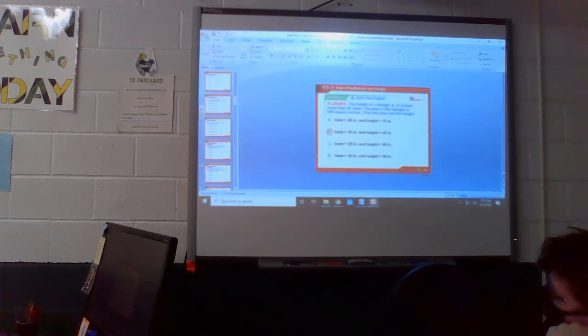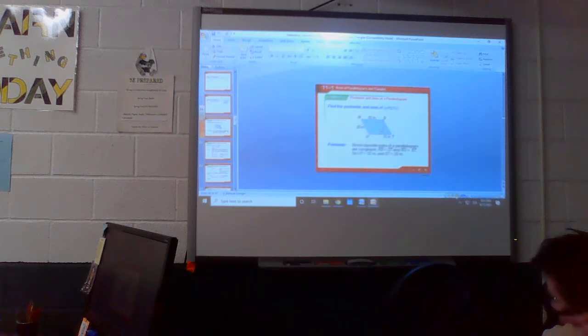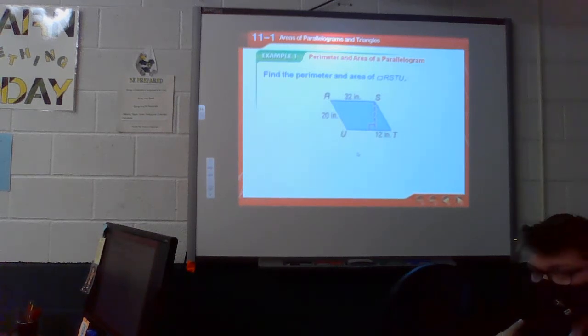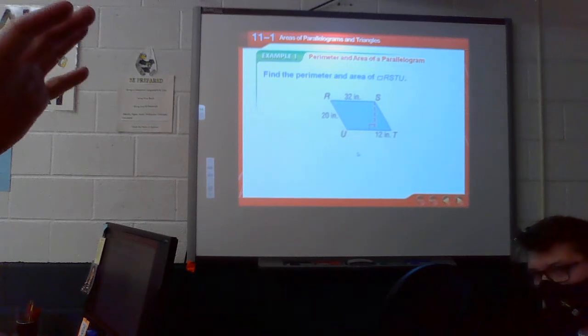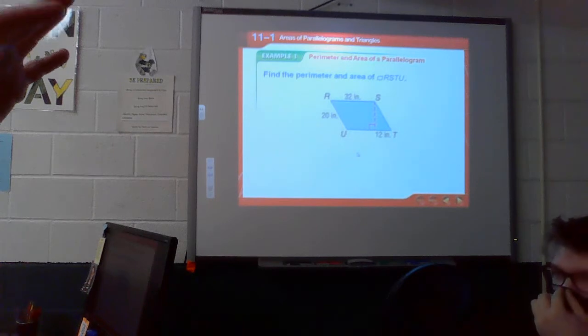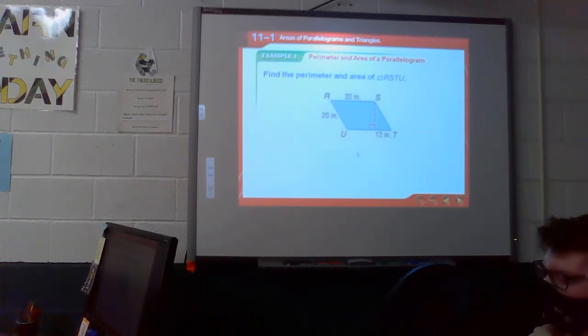So, here's my first problem. Again, make sure that you read the directions. This one says find the perimeter and the area. Here's the other thing. Sorry, I forgot to say this again. If I'm finding the area of something, my answer has to be squared. Area is always squared.